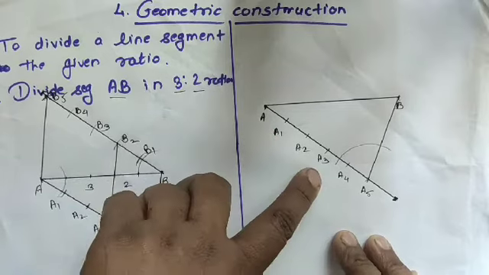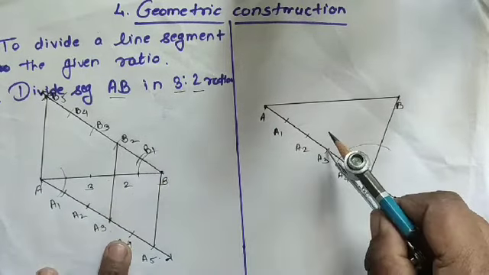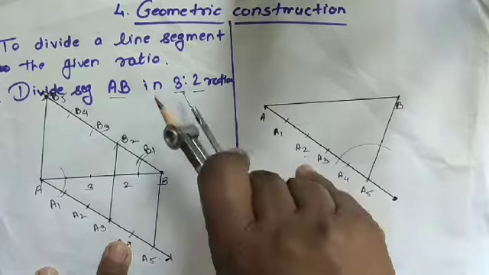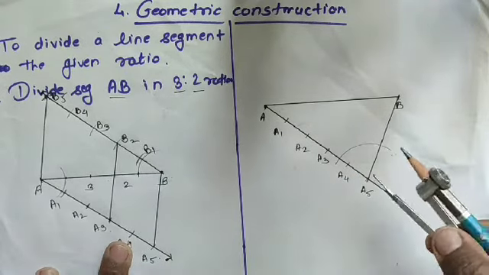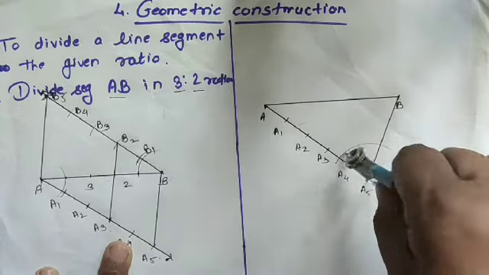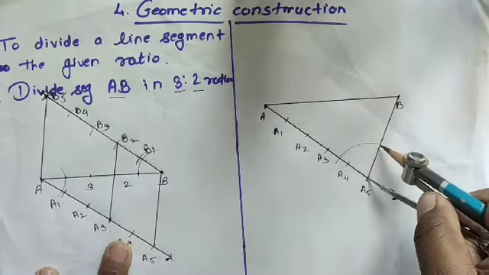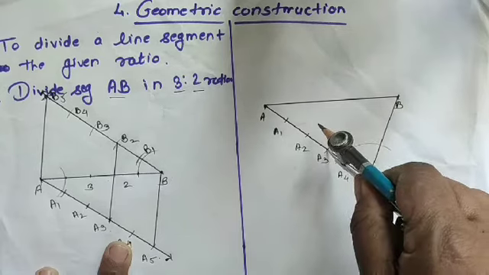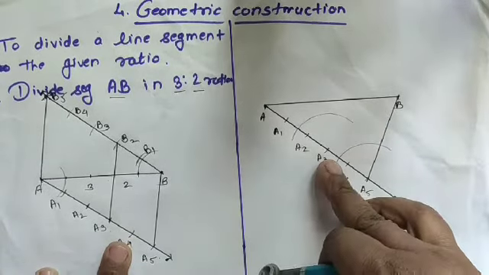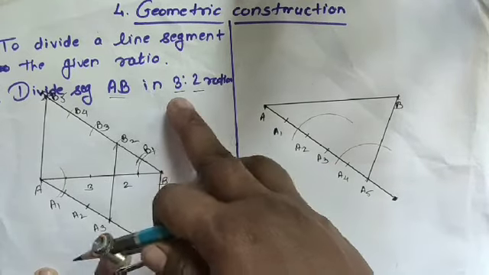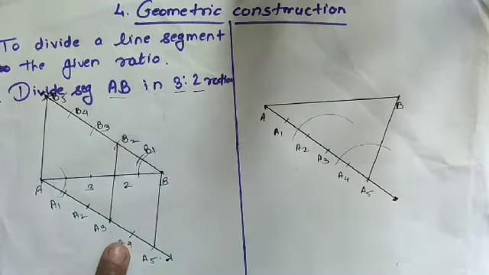So first A1, A2, A3, you have to keep your compass on A3 because 3 is the first ratio. Now what I told you, take a sufficient distance in a compass, put the compass on point A5, draw the arc and by keeping the same distance just keep this compass on A3. Okay, A3 only, because we are dividing this segment into 3 as to 2.